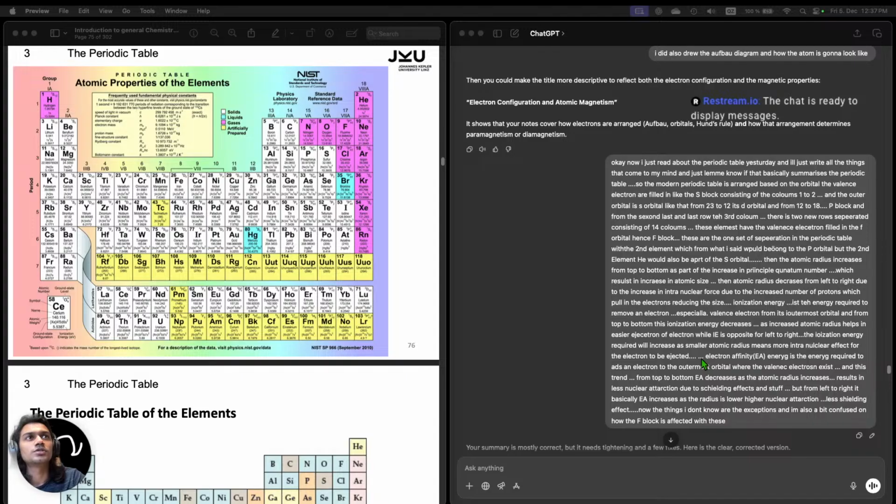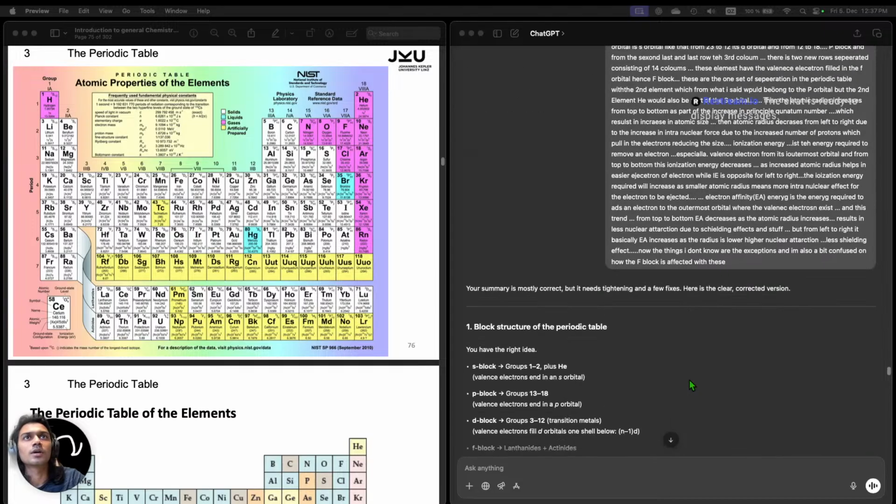Electron affinity is the energy released when adding an electron to the outermost orbital where the valence electrons exist, and this trend from top to bottom. Oh, okay.